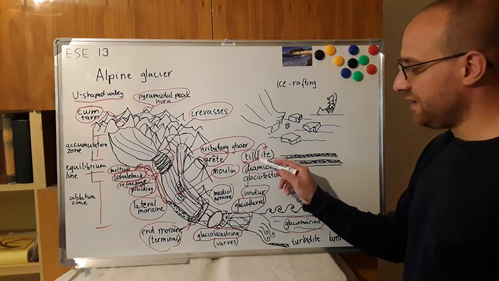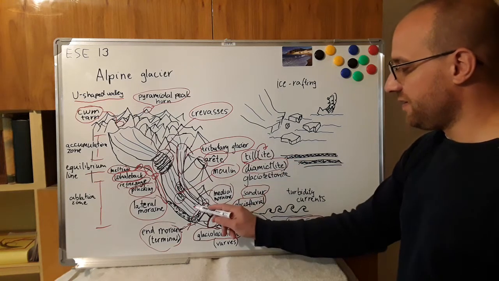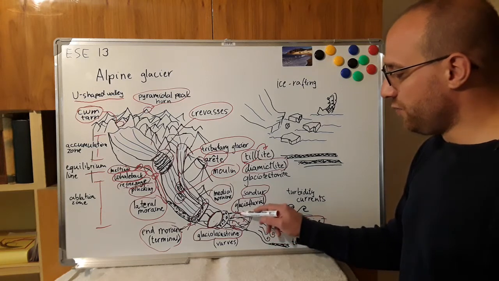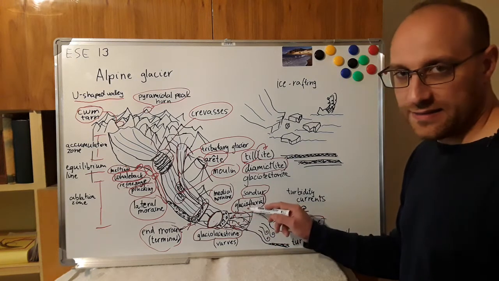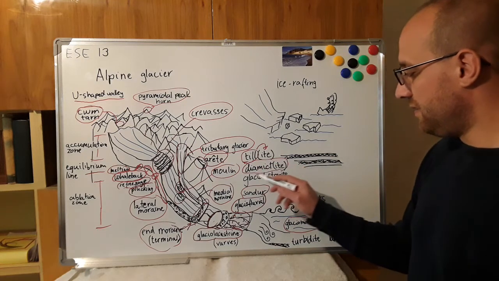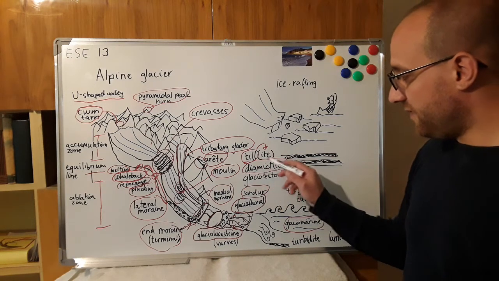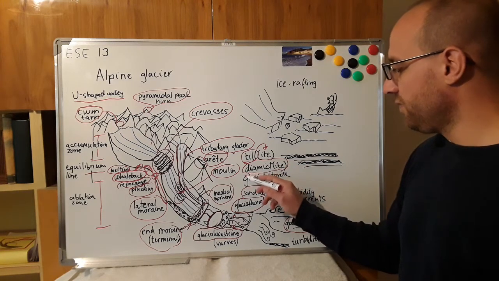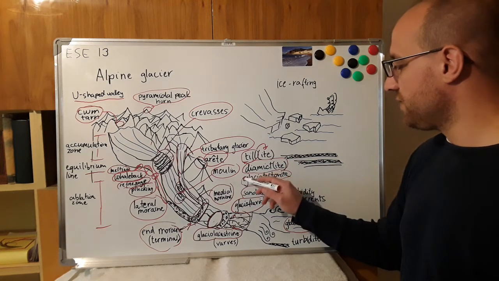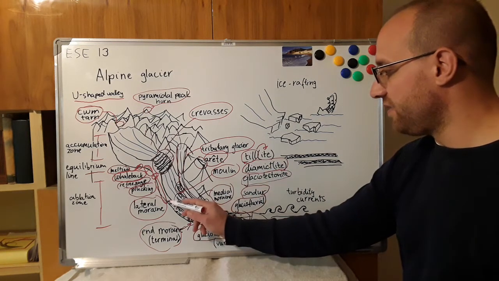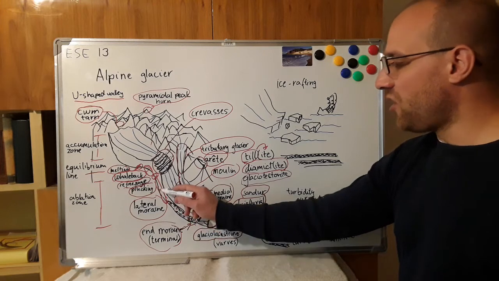diamictite material would be a little bit different from the tillite because it will be something that is developed through some kind of sorting process, like the water would sort materials depending on their size or weight. And altogether we can say that there will be a glacial tectonite material also containing this till and so on that is developing under the ice.